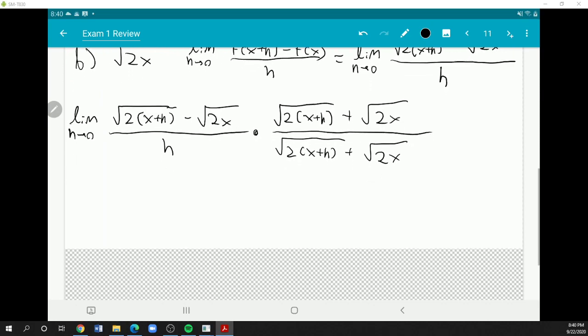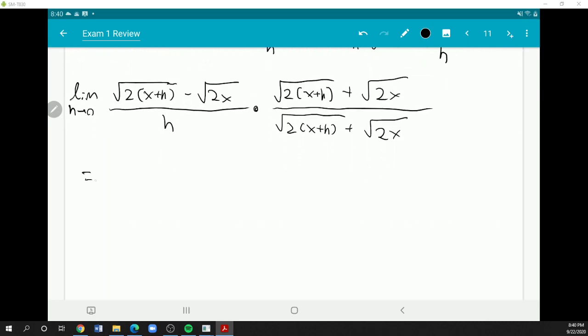And when I do this, I'm going to get limit as h goes to 0. Okay. So remember when I multiply by the conjugate, on the top I'm going to get the square of the left thing minus the square of the right thing.